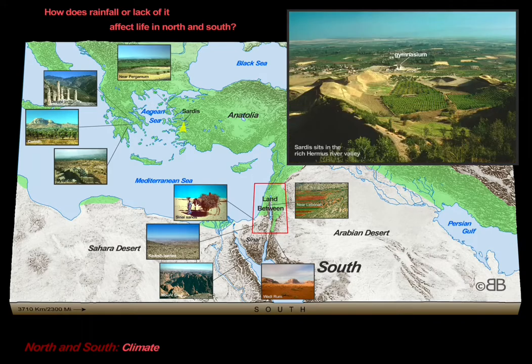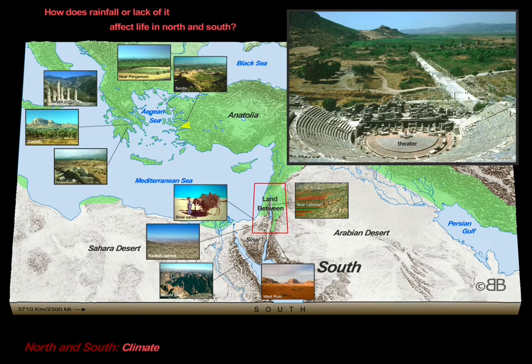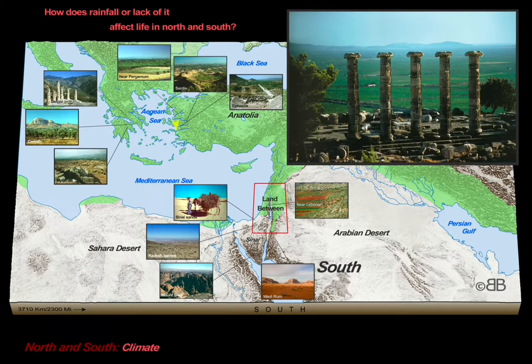Farther south, Sardis sits in the rich Hermus River valley. In the next valley south, Ephesus, near the mouth of the Cayster River, also enjoyed the blessing of alluvial soils and sufficient rainfall. One more valley south, from the site of Priene, we look across the lush Meander River valley toward Miletus.